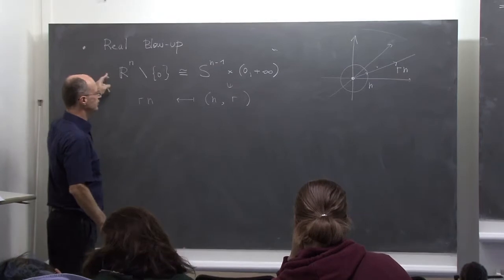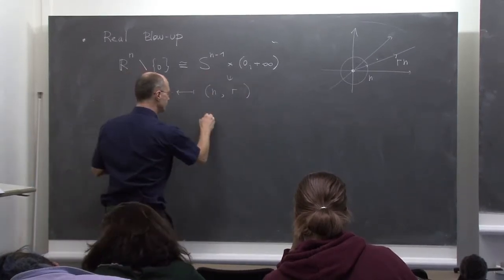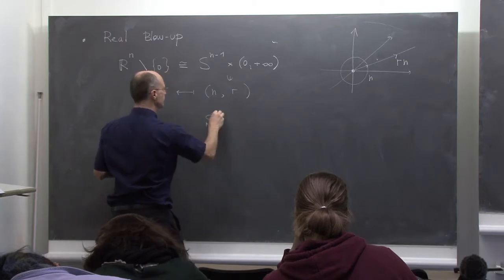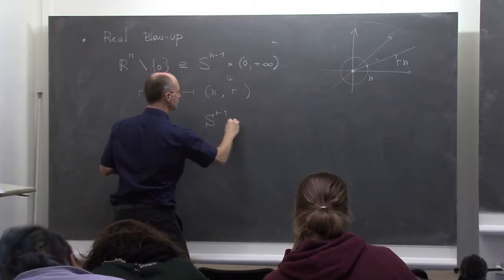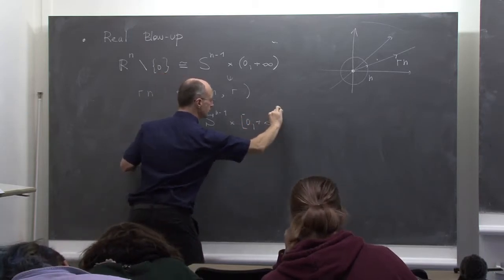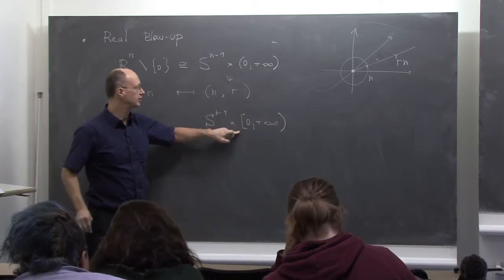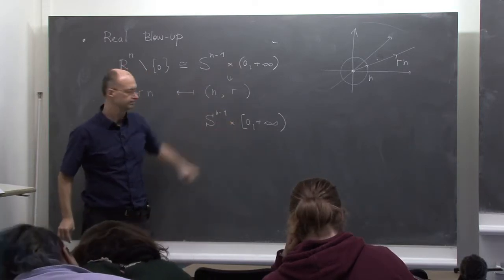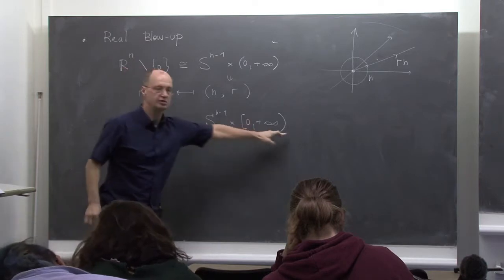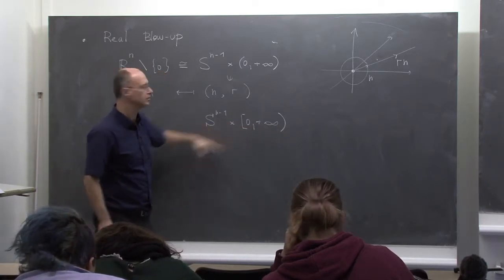Now let me do the following. Let me consider, instead of this space, the space S^(n-1) times the semi-open ray. So let me close it at 0. Right? So this is still a very nice, smooth space. It has a boundary now.